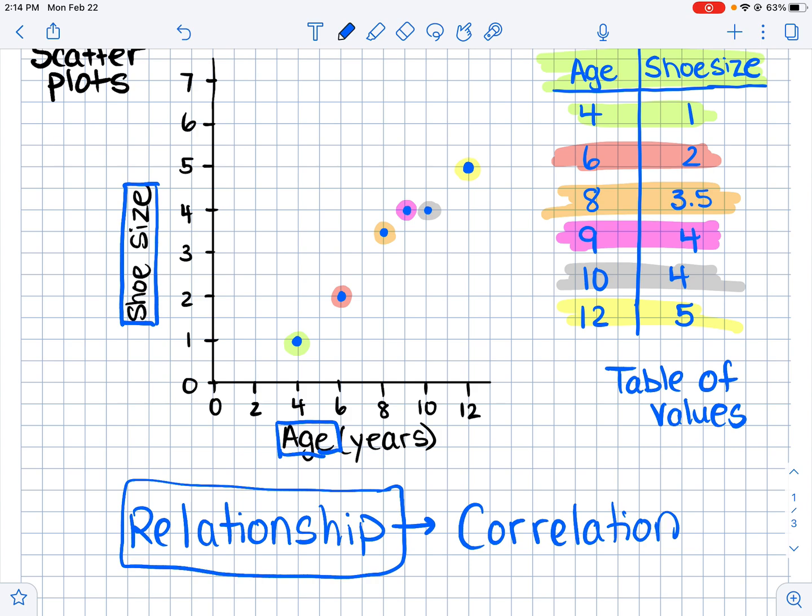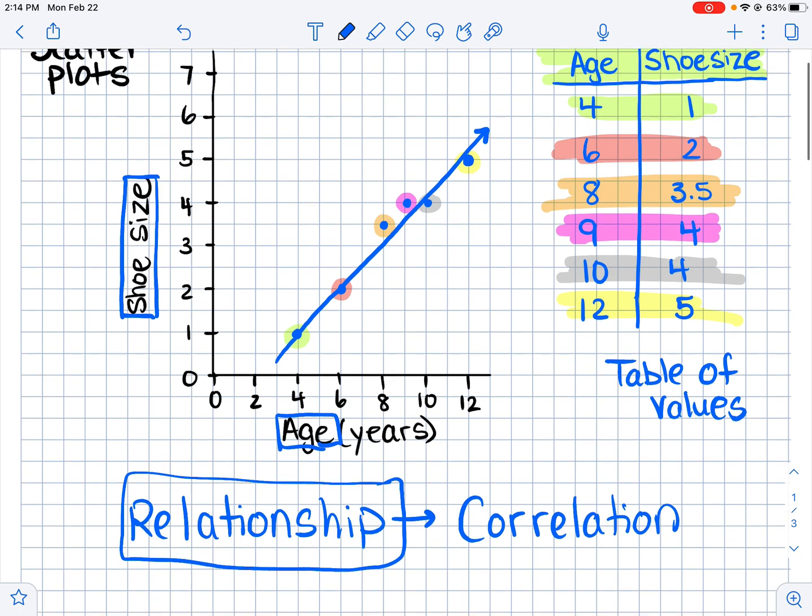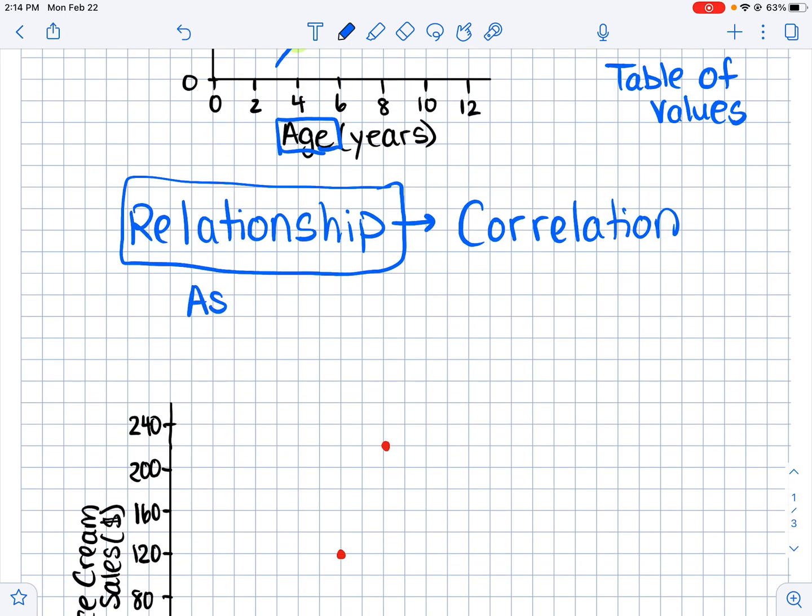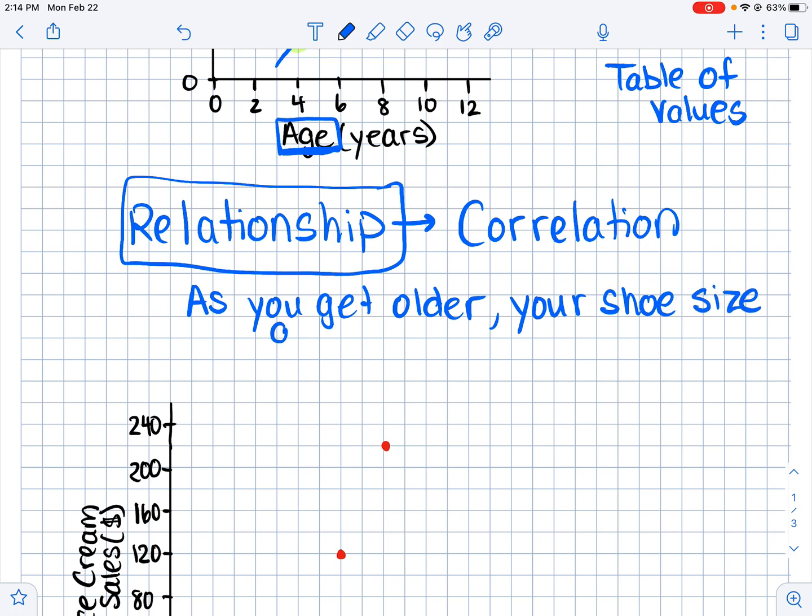It looks from this graph that as you get older, your shoe size gets bigger. So let's write that. As you get older, as your age increases, your shoe size gets bigger.